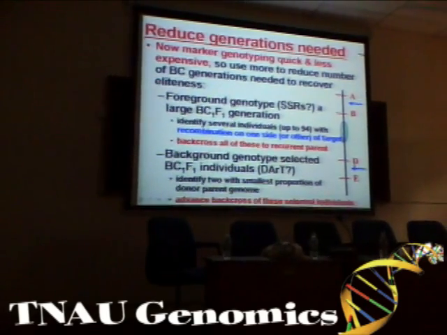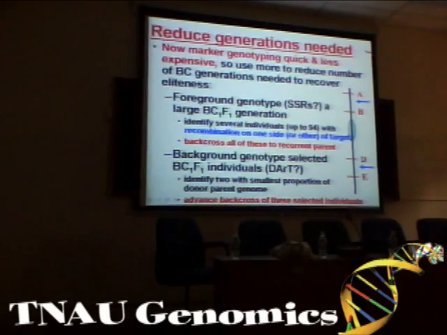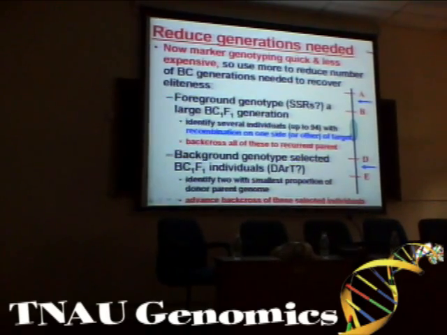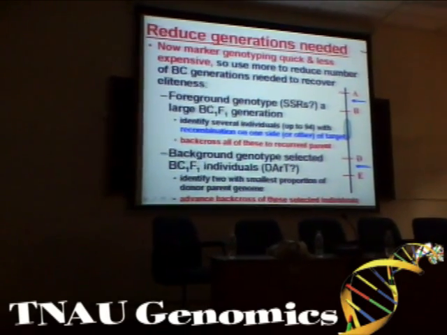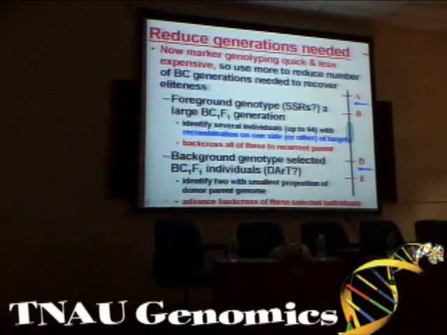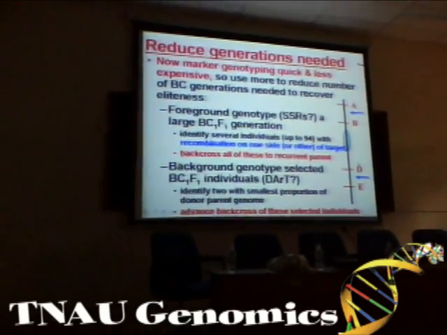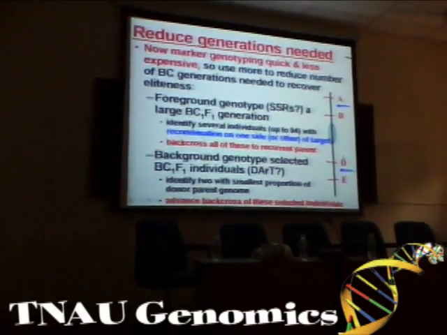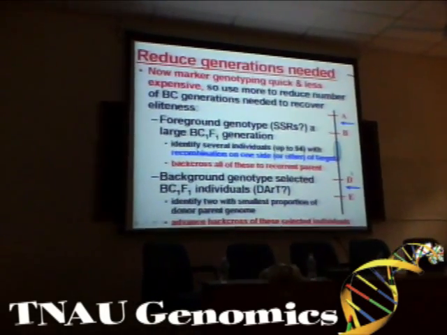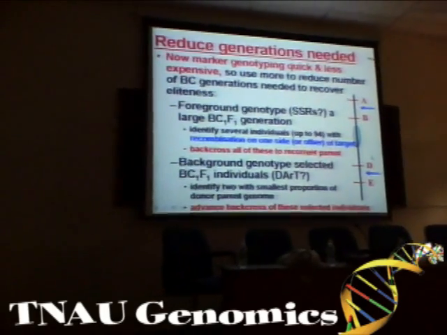And then with that 100 individuals, basically a 96-well plate, we do the background selection, recovering individuals that have 70 or 80% recurrent parent, a much higher proportion of recurrent parent genotype than you would expect for the average for that generation. You may be able to get 80 up to 85 or 90% recovery of recurrent parent in the backcross 1 itself.